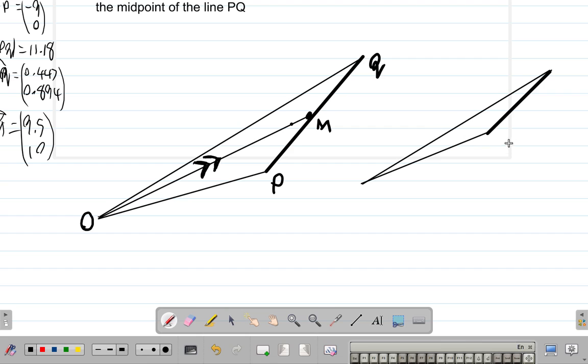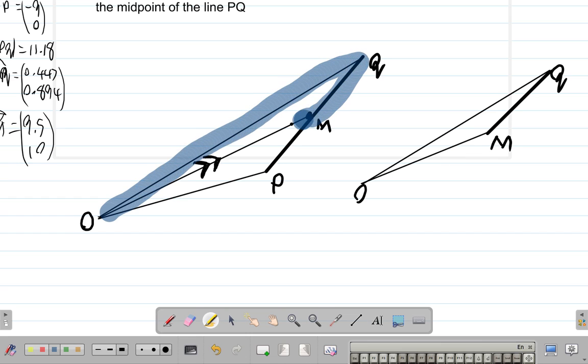What we have here is M and Q, and we have O here. Alright? So we're just taking out this side, that triangle there. That's what we're looking at.